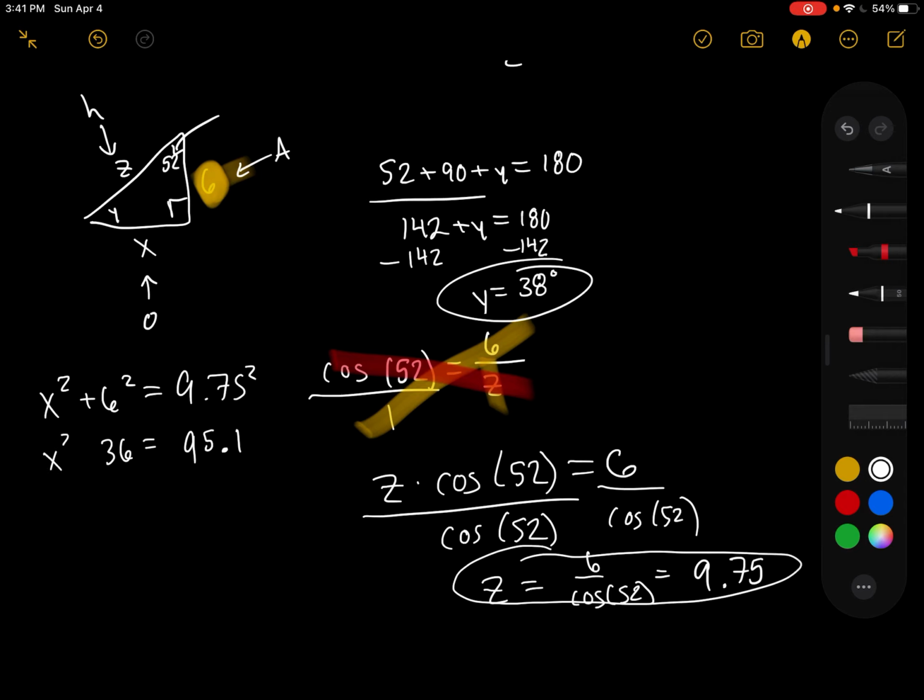So about 95.06. We can round that up to 95.1. Then 36 and x squared, subtract 36. And we'll get x squared equals 59.1. And we'll take the square root of 59.1.